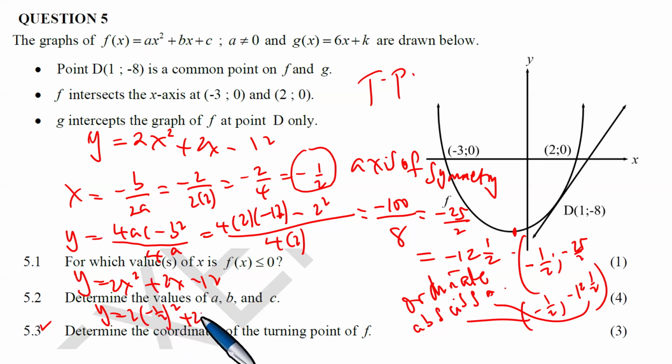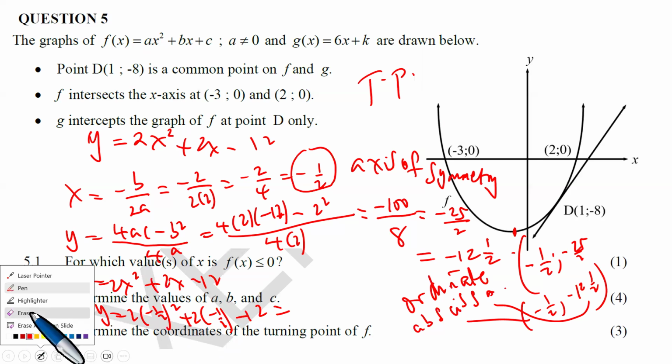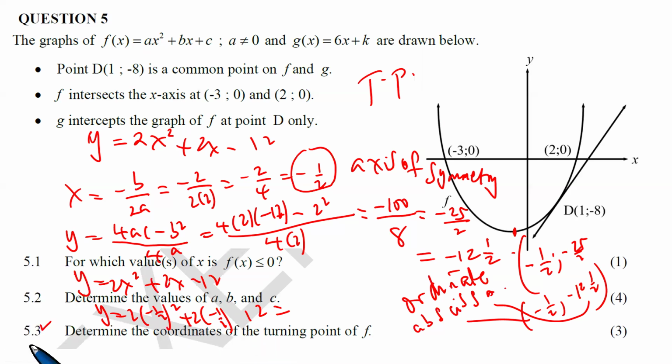You square that. What is the answer? This is actually minus 12 and 1/2. And that's the answer. So you have to determine the coordinate of the turning point of f, and that is what we have here.